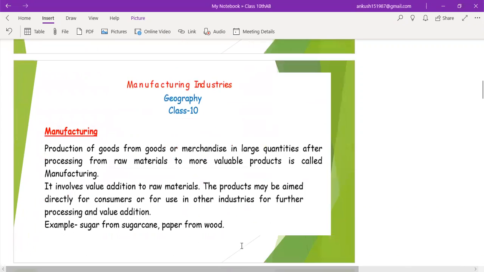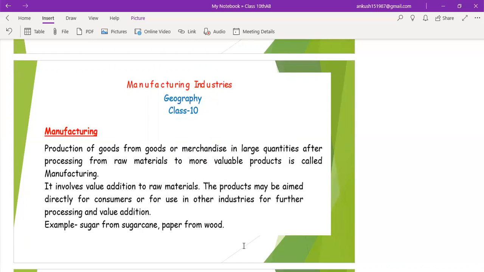So, manufacturing industries. Now let us understand what industry or what manufacturing is. What an industry is, we know very well. Industry is where things are produced, and the process which takes place there is called the manufacturing process.